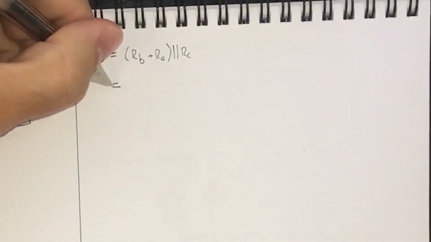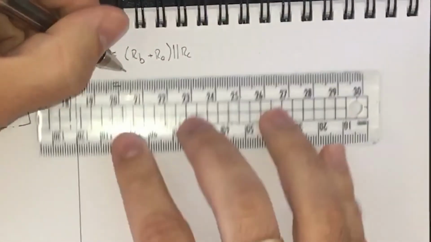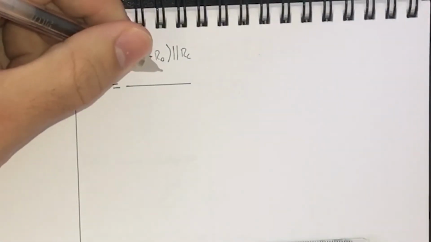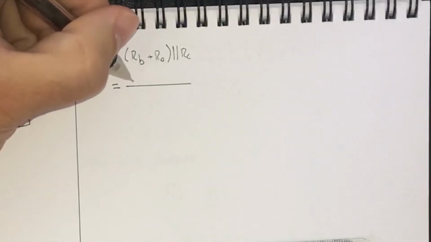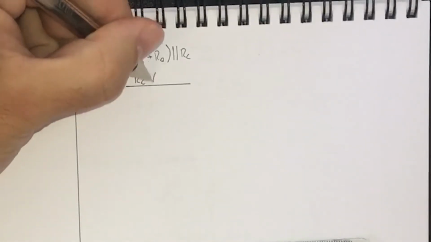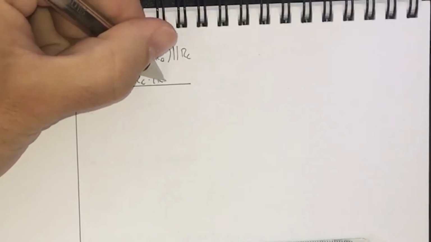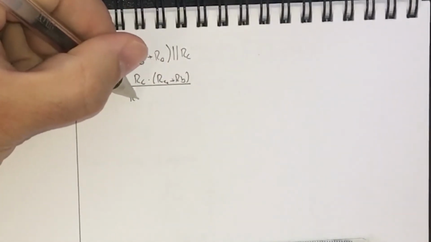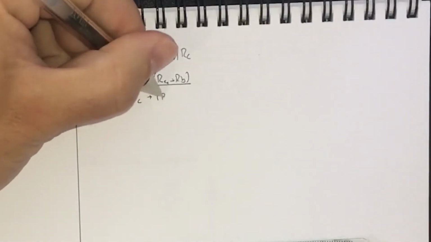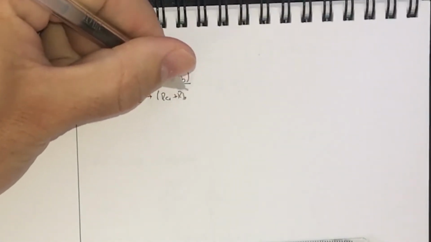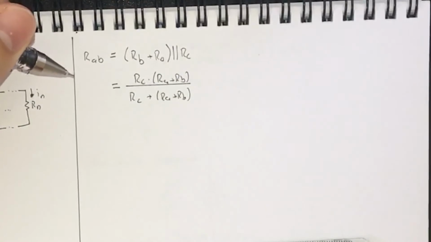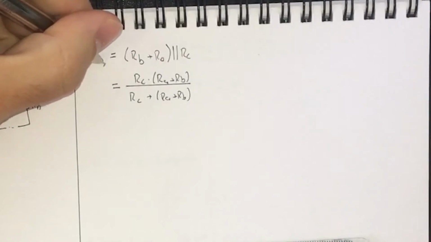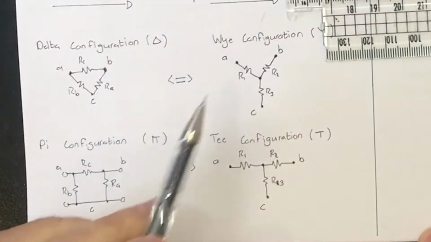Let's simplify this equation further. Using the special equation of two resistors in parallel, we have RC multiplied by RA plus RB over RC plus RA plus RB. And let's note that this is in delta.